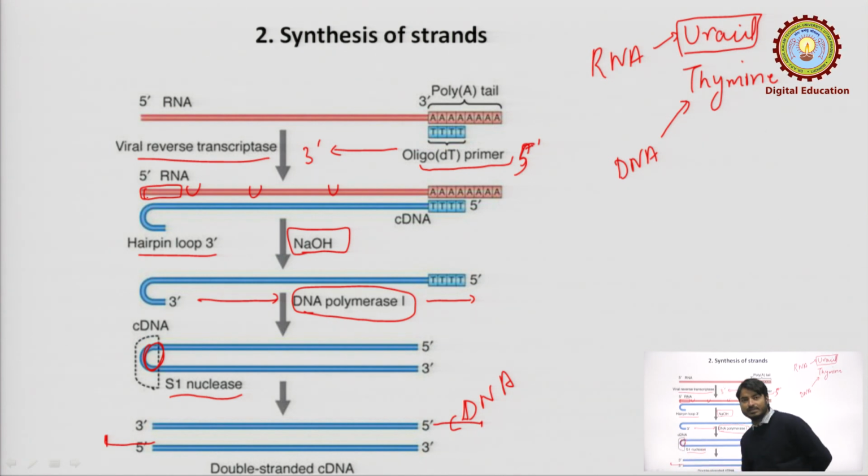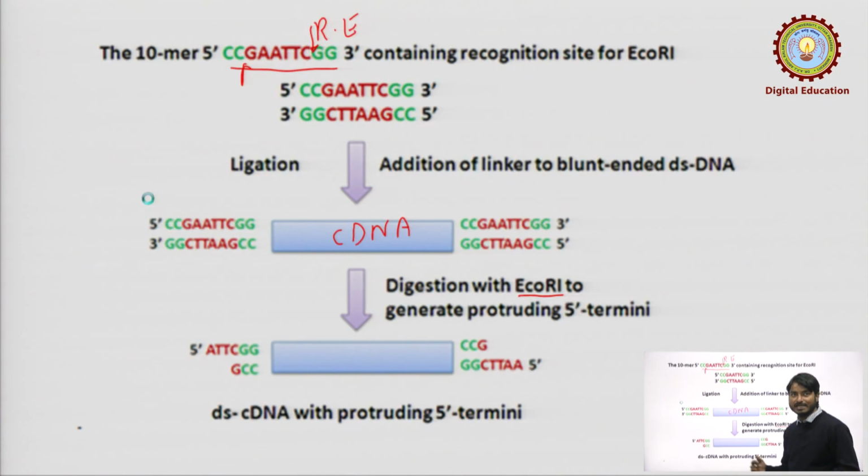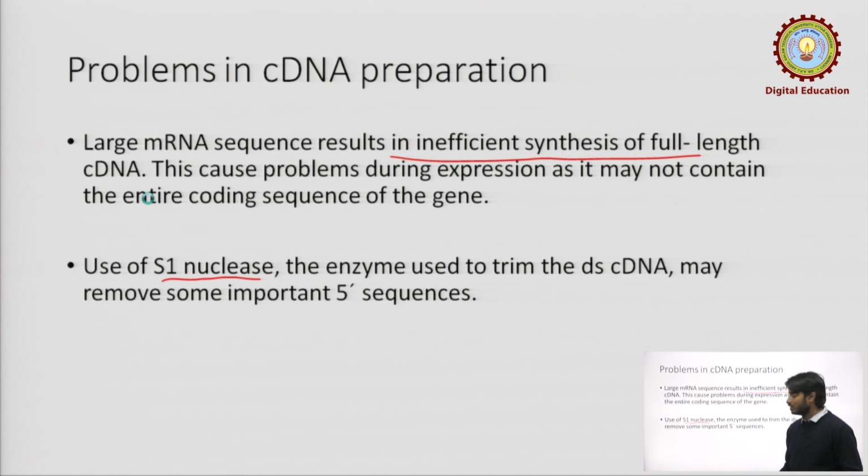It will also remove some base pairs from the ends. So the enzyme used to trim the double-stranded complementary DNA may remove some important base pairs from the 5' end, which are required for some analysis, like the functioning of the gene or of that protein.